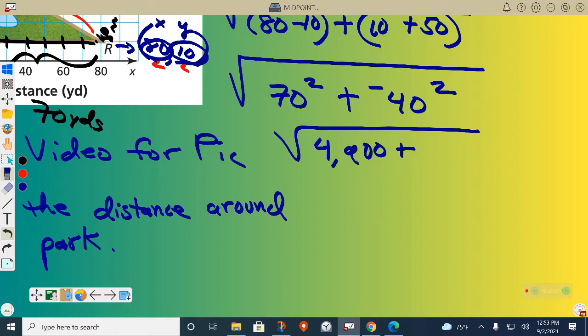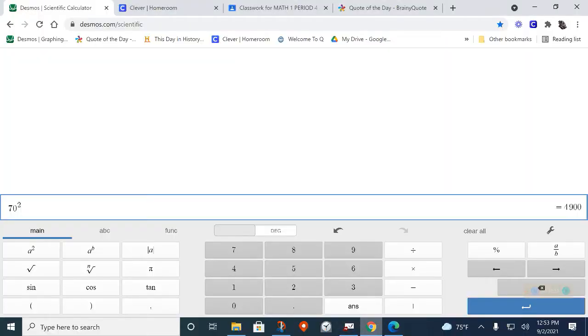Plus negative 40 squared. Let me go back over there, let the calculator do the work. Negative 40, square that puppy. It actually should be positive. The reason why it's negative is because it's interpreting it as negative 1 times 40. But this is going to be a positive 1,600 because negative times negative is positive.